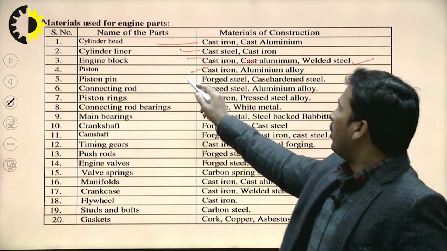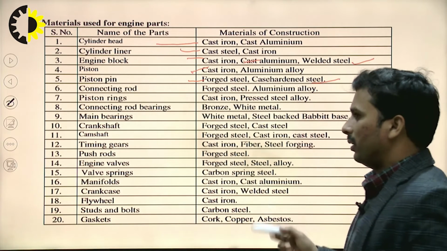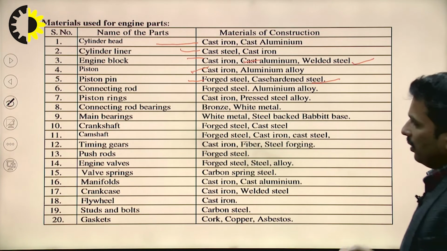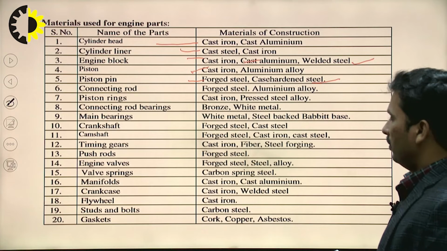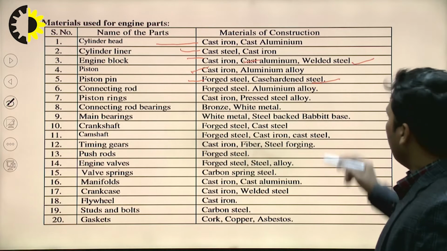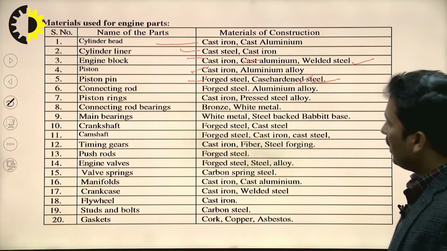Piston rings are made of forged steel or case hardened steel, because the piston ring reciprocates inside the cylinder and there may be chances of wear out of the piston ring. So it is case hardened, and the wear rate decreases.